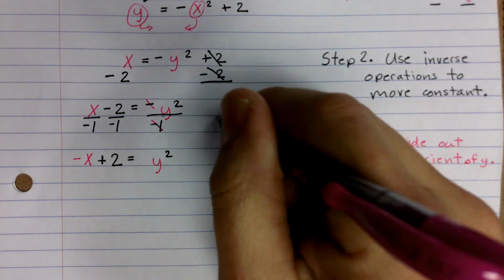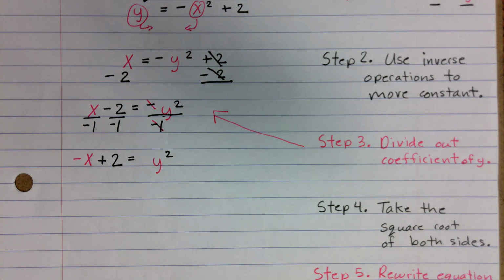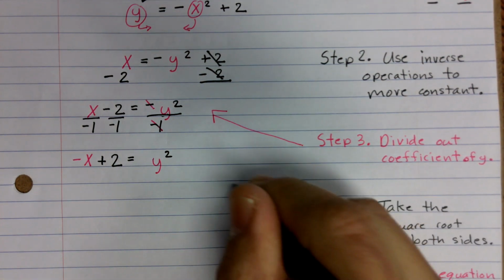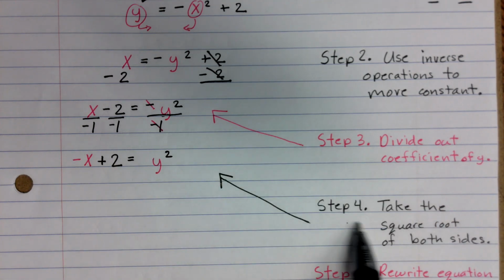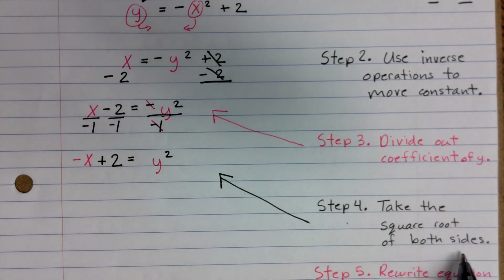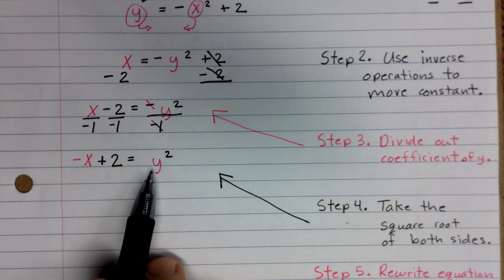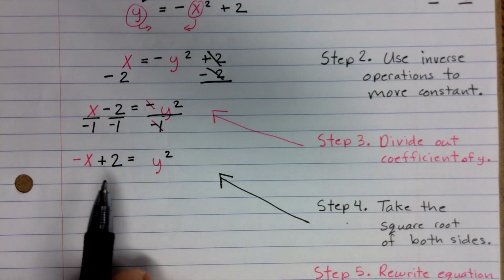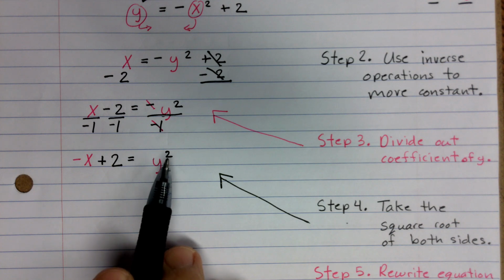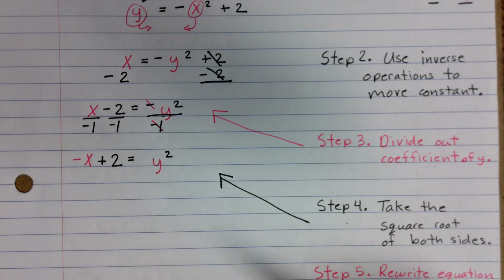So now that we completed step 3, we're going to complete step 4. So notice step 4 says take the square root of both sides, and that's because we need to get rid of this square right here. We don't want y squared, we want y equals. And to get rid of something that's being squared, we have to do the inverse operation, which is to take the square root of it.